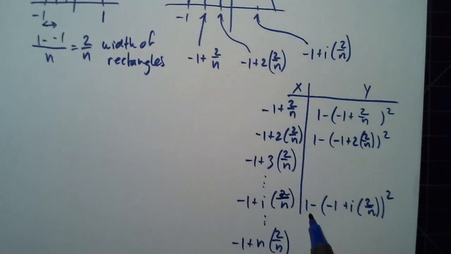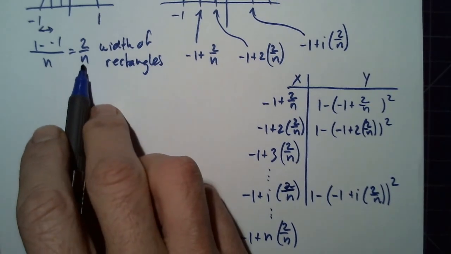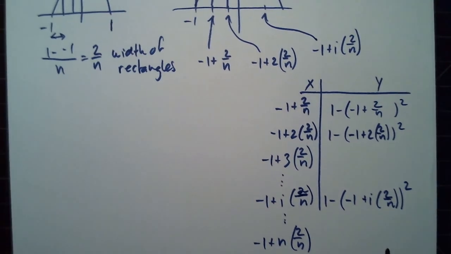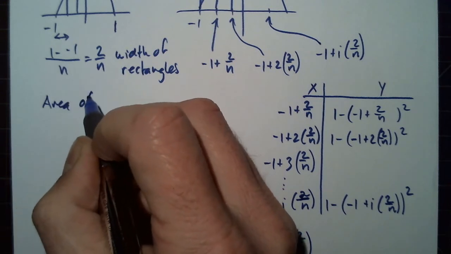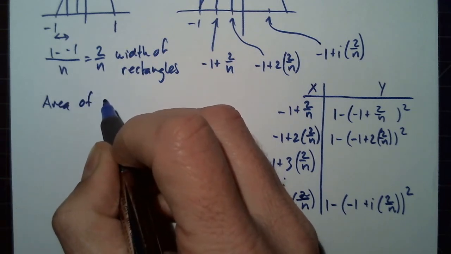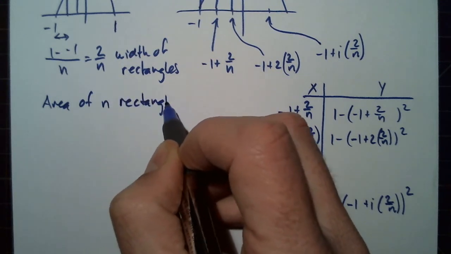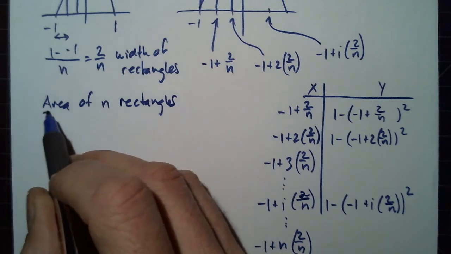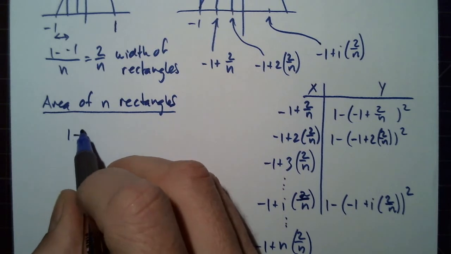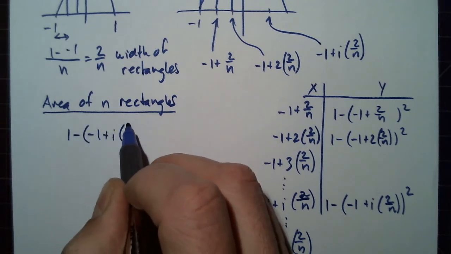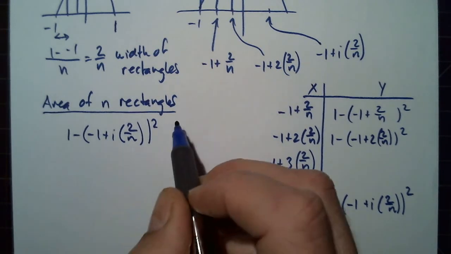So area is going to be height times base. Okay, let's do the area of n rectangles. The area of n rectangles is going to be the height times the base.